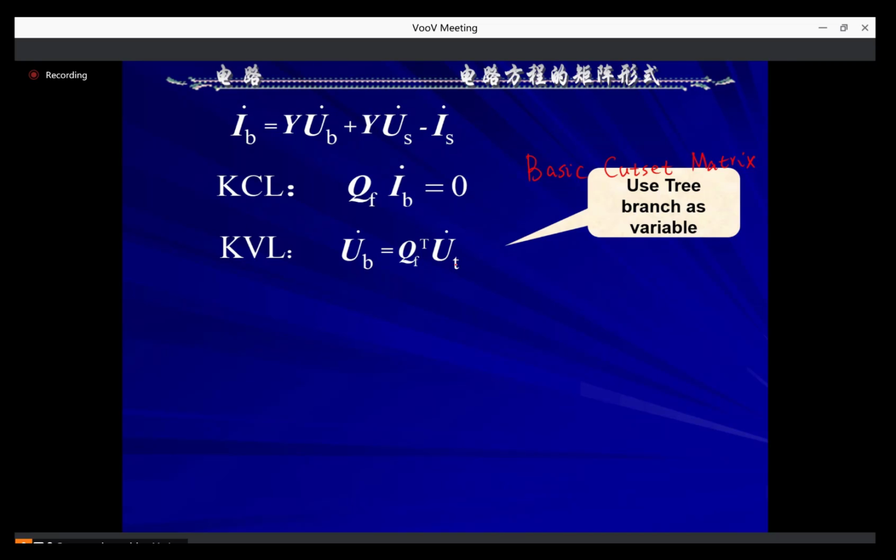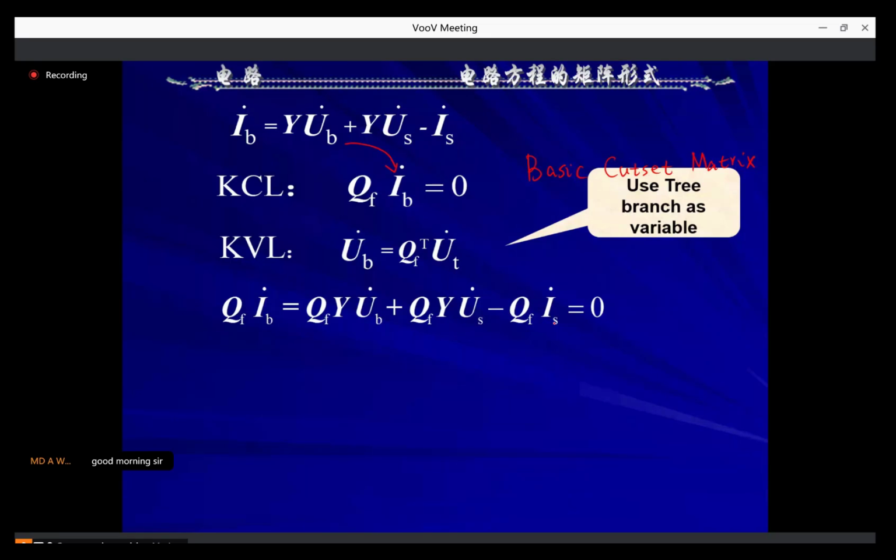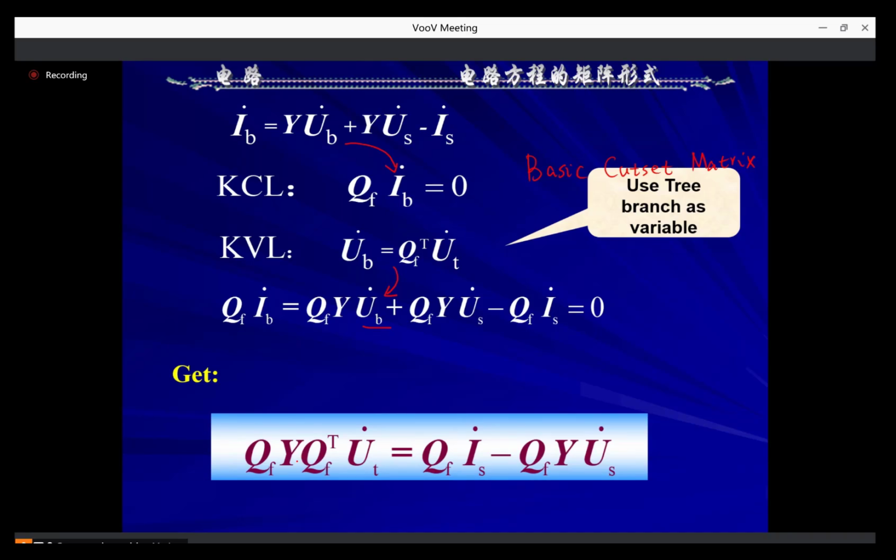UT means tree branch voltage as a variable. So QF IB is 0. Put this IB expression into this function. So QF Y UB plus QF Y US minus QF IS equal to 0. And for the UB, use this function. So we get QF Y QF transpose UT equal to QF IS minus QF Y US.